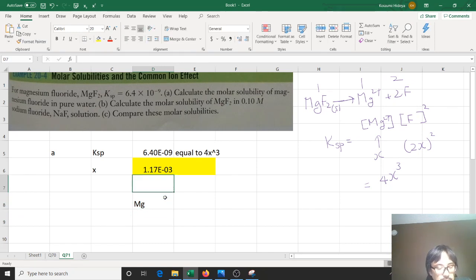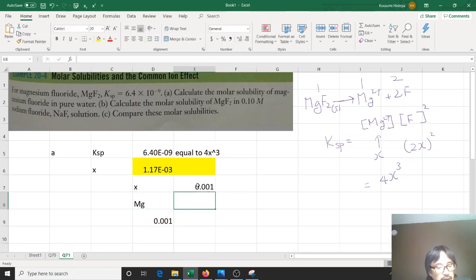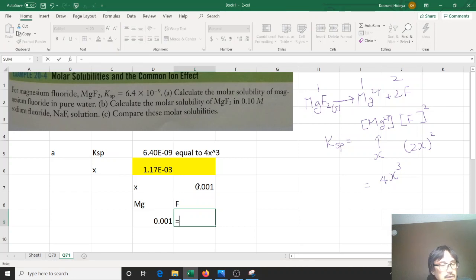Let's say x to be 0.001, then Mg is x. And then I have F to be equal to 0.1 plus x, right? Because F can come from the previous 0.1 and the Mg2+.